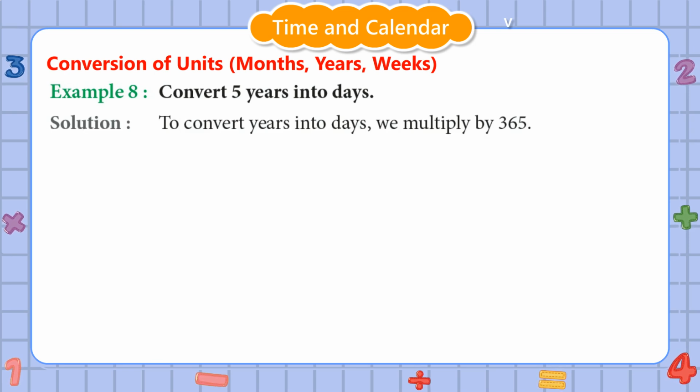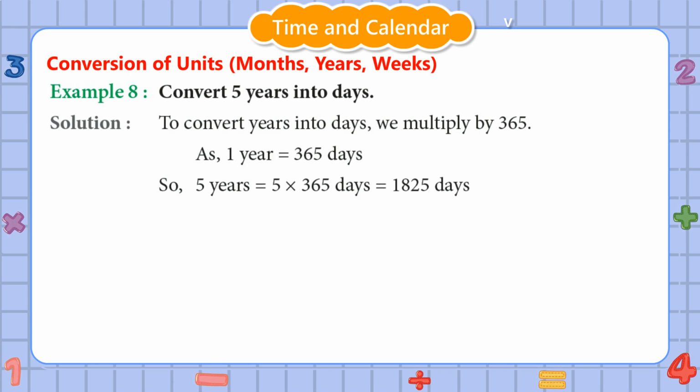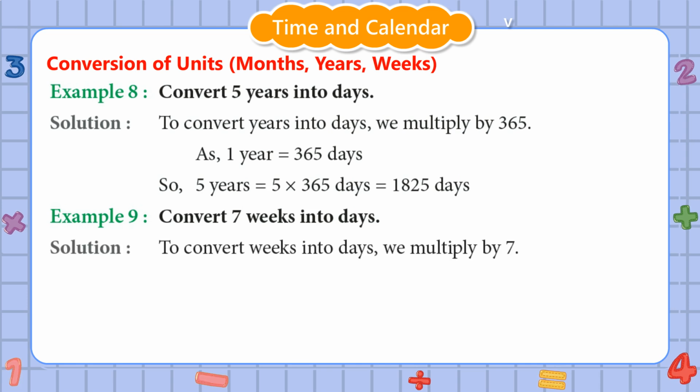To convert years into days, we multiply by 365, as 1 year is equal to 365 days. So 5 years is equal to 5 multiply 365 days. It is equal to 1825 days.